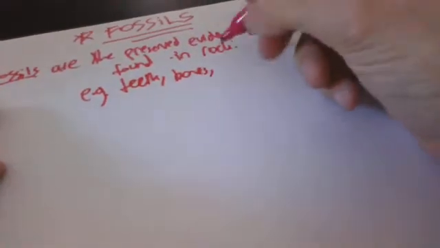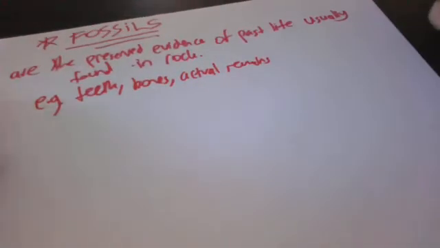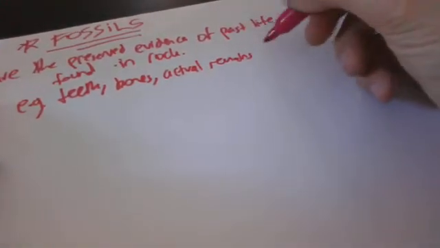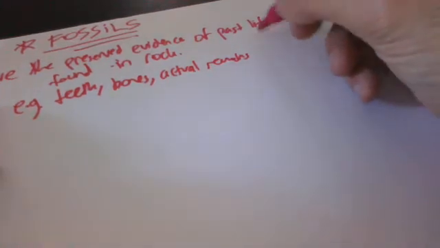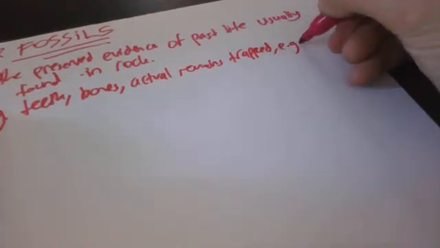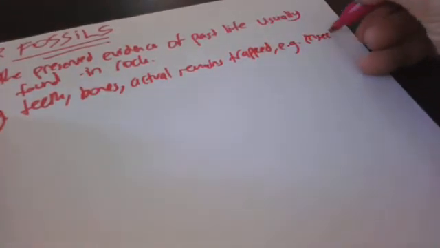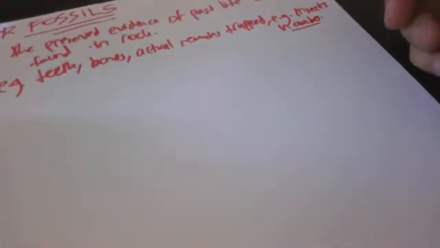So, example, teeth, bones, actual remains. And I'm sure you've all seen stuff like insects trapped in tree sap, called amber. Actual remains trapped. Example, insects in amber. Okay, sap, tree sap. So that's fossils. So what's the study of fossils?